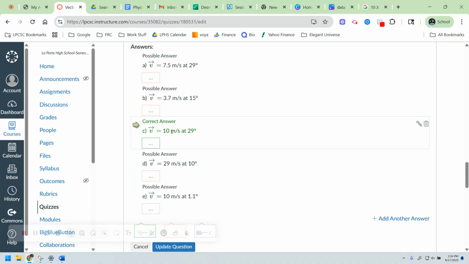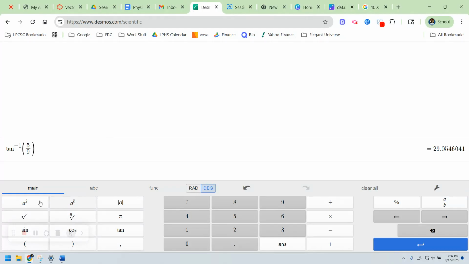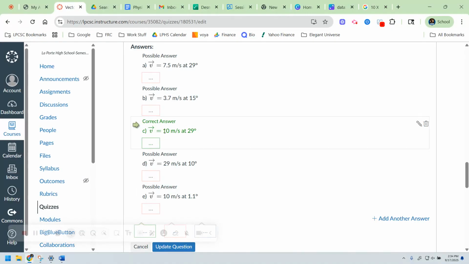It's probably 10 point some small decimal if we take the actual square root. The square root of 106 is probably 10.3, but they probably did the significant figures thing, so it's 10 meters per second at 29 degrees. Does that make sense?